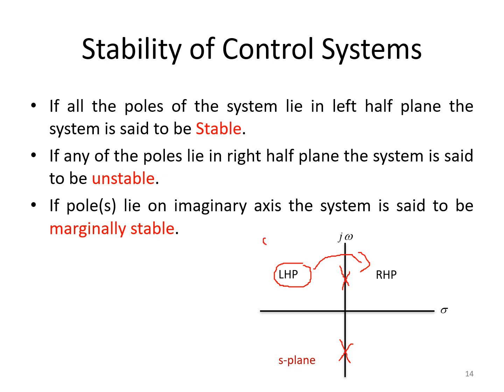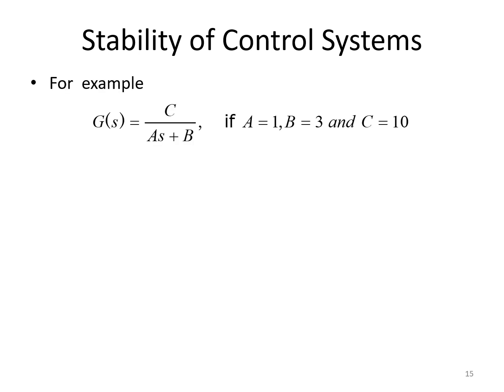Here, this is stable, and this is called instability. This is very important with respect to analysis of the system with pole and zero locations.